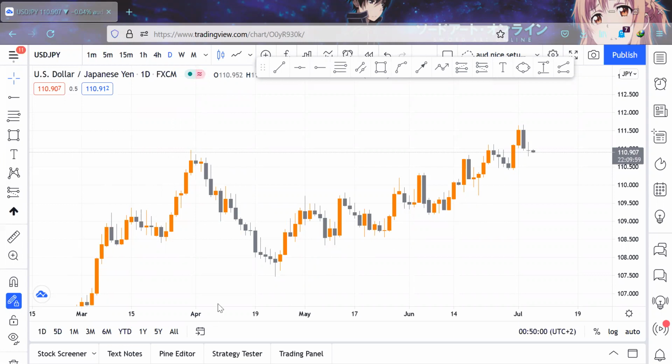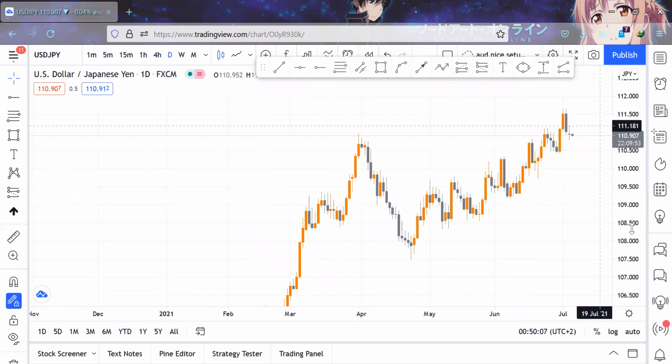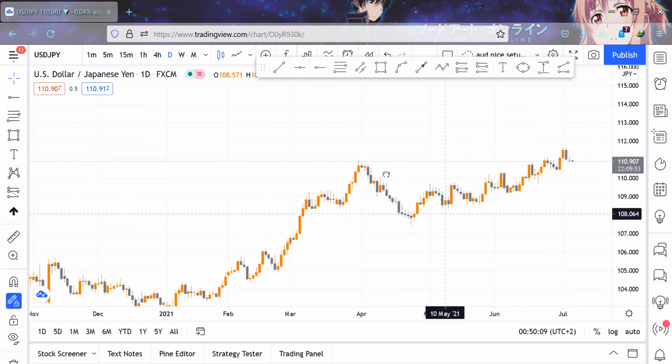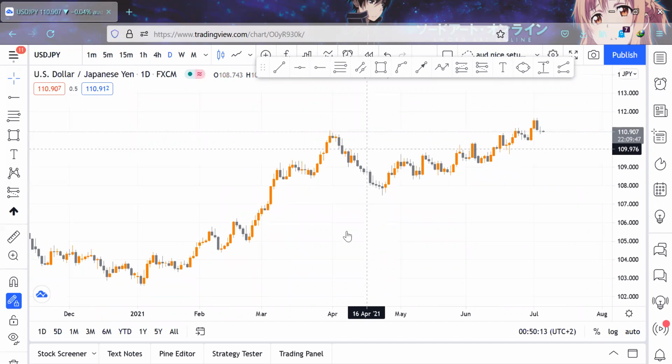I can load this up here, and then we can check how the market has been moving from the past data. We can see that even from the past data here, we had the market pushing to the upside, making higher highs and higher lows here, higher highs and higher lows, right?